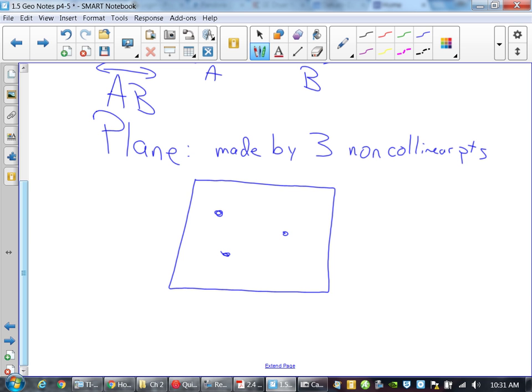It doesn't show that it's an actual plane. So a plane is made up by 3 non-collinear points. Again, when they label it out, it usually just says plane ABC, or sometimes they'll use a capital cursive letter, R, something like that.